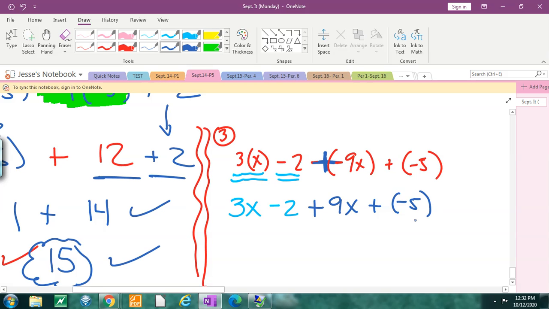So now you're going to combine like terms. So let's start with the first one, this one right here. Let's start with 3x. I'm going to highlight it. So what am I going to combine 3x with from the whole thing?